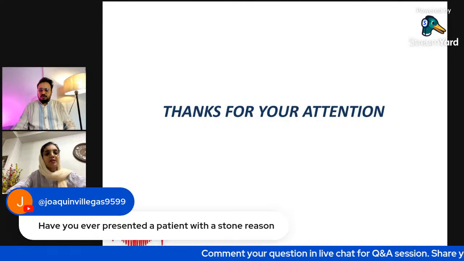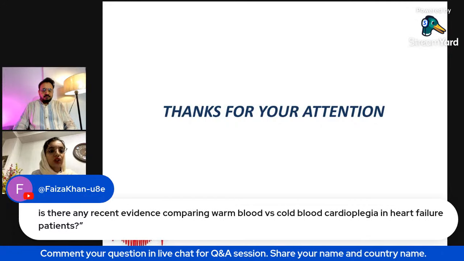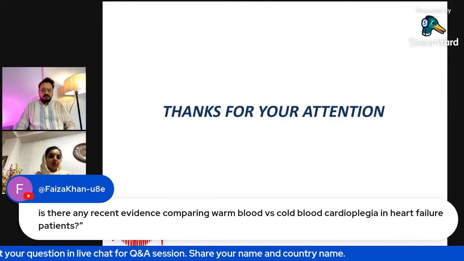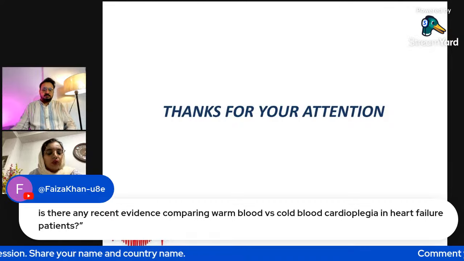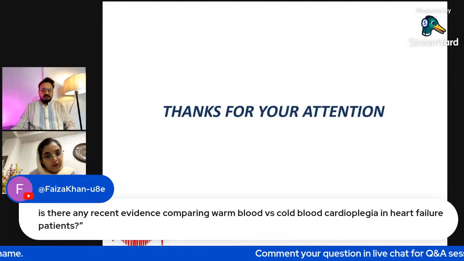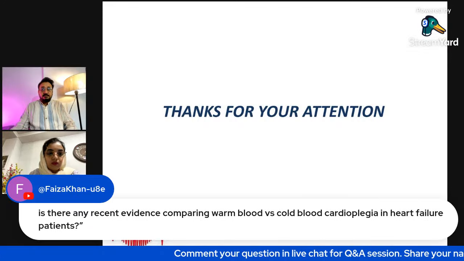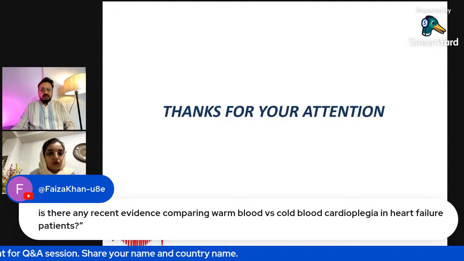We should control this patient carefully during CPB, and by careful monitoring we can prevent this injury. We should maintain the temperature at 4 to 8 degrees and make sure that the cardioplegia is given at a proper pressure.